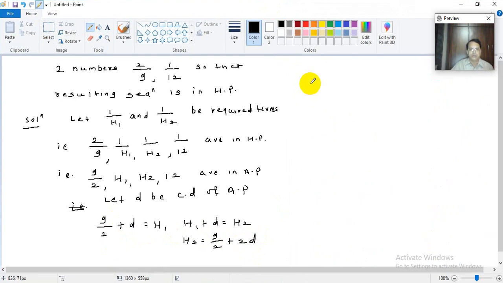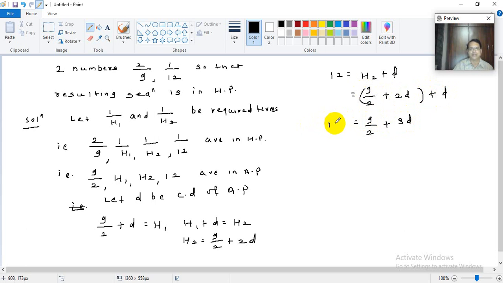Now adding d again to h2 gives 12. So 12 is equal to h2 plus d. But h2 is 9 by 2 plus 2d, so 12 is equal to 9 by 2 plus 3d.